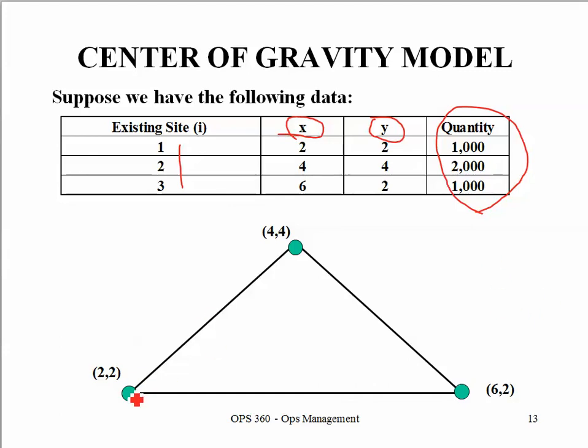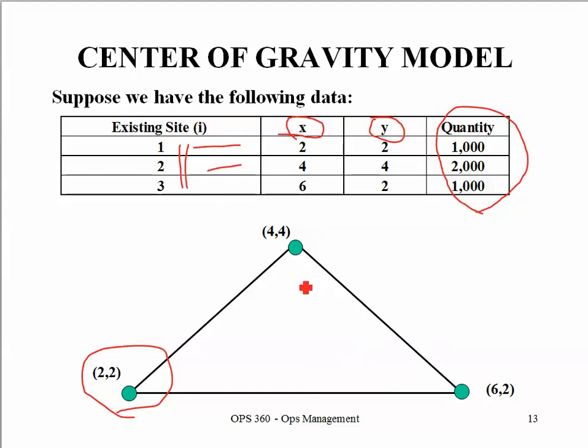And if we take a look at a diagram of where these three sites are located based on their coordinates, here we see existing site 1, down here. It's 200 miles north and 200 miles east of the reference point, which is off the map down here to the left and below.